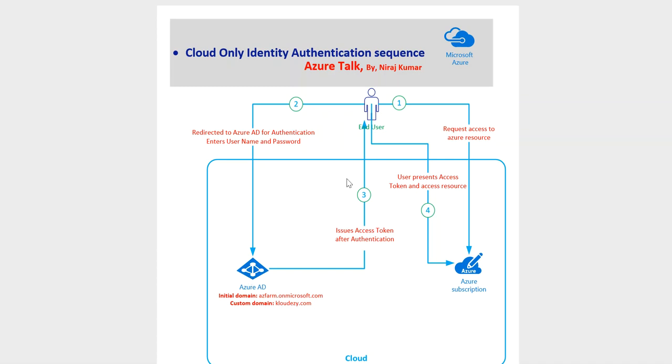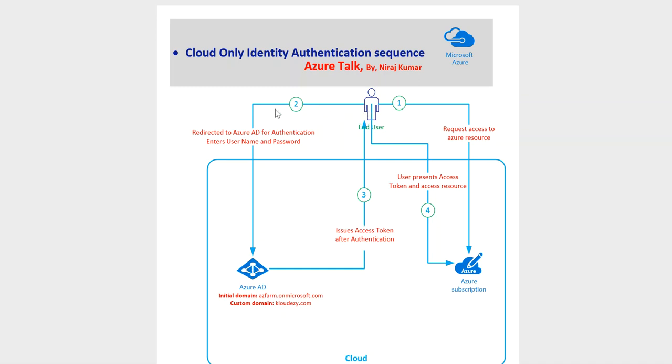So if you walk through the sequence, first the user tries to access a resource in the Azure portal. For example, you try to log on to portal.azure.com. Your request comes to the Azure subscription portal. It recognizes that you need to authenticate, so this portal is going to send you back to the Azure AD authentication portal, where you log on to the Microsoft website.